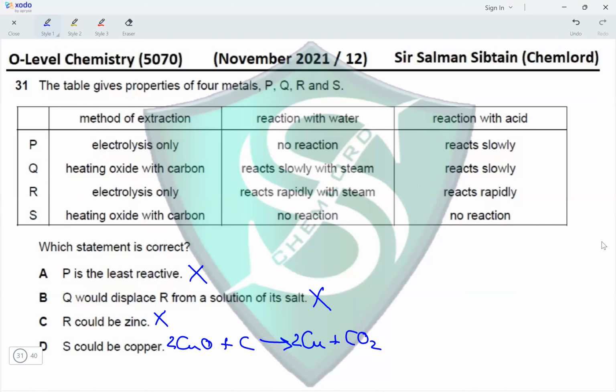No reaction with water because copper is less reactive than hydrogen, so it will not react. And no reaction with acid as well. So same reason. It will not react because it will not displace hydrogen. So based on all of the points that we just discussed, option D is the correct option for this question.